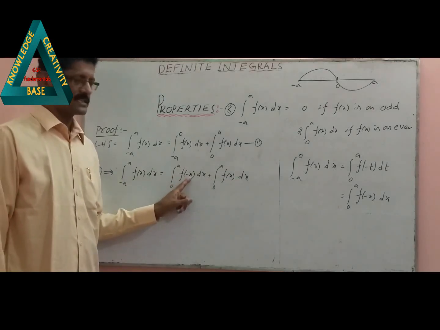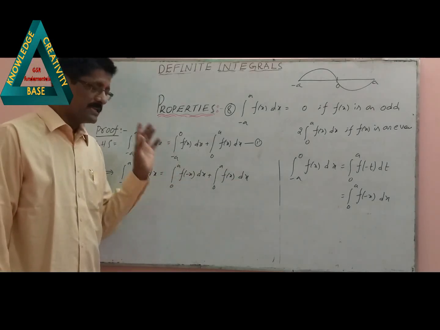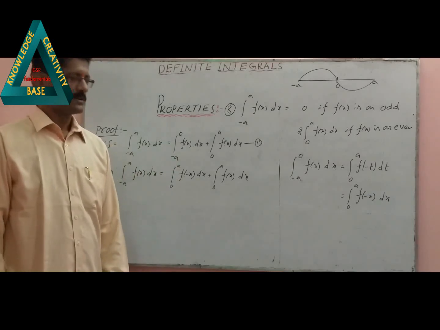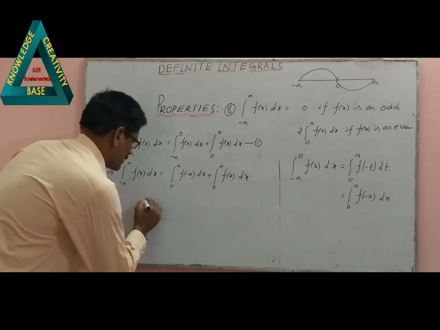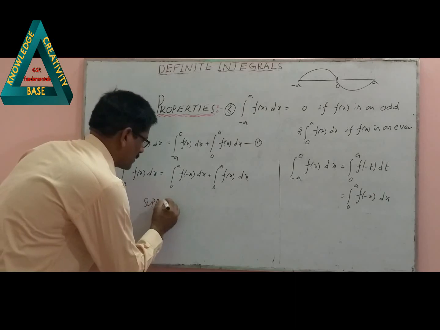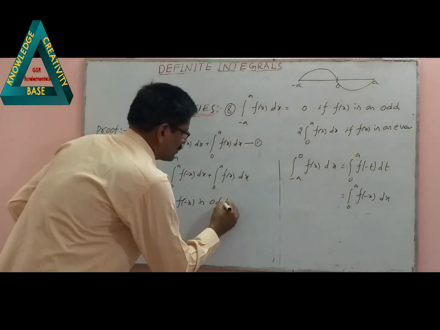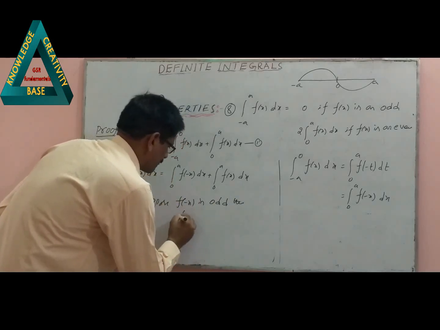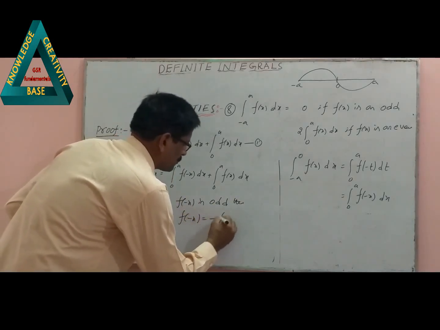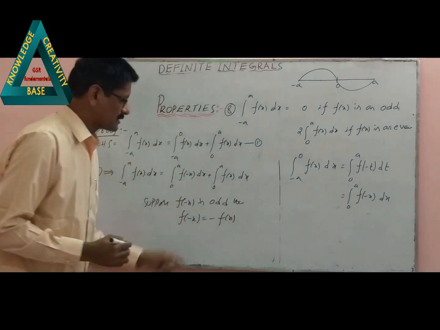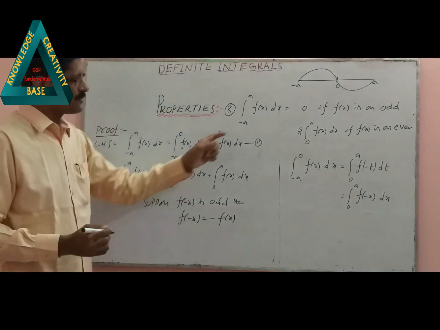So, this result depends on this function f of minus x being an odd function. Suppose f of x is an odd function, then f of minus x is equal to minus f of x. Suppose ఈ ఫంక్షన్ మనకి ఇక్కడ ఇచ్చినటువంటి ఫంక్షన్ ఆడ్ ఫంక్షన్ అనుకోండి.